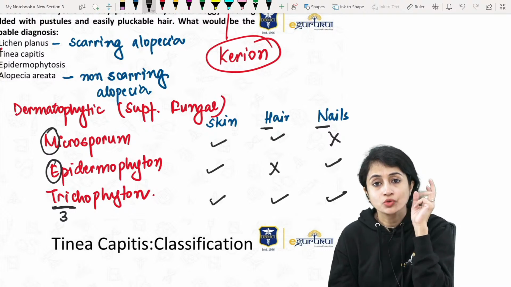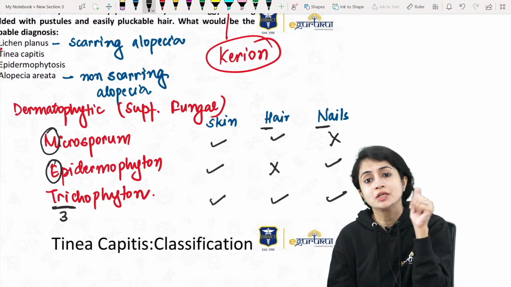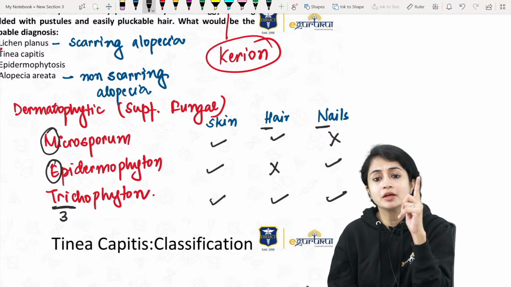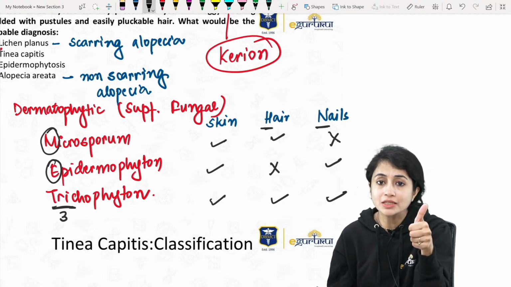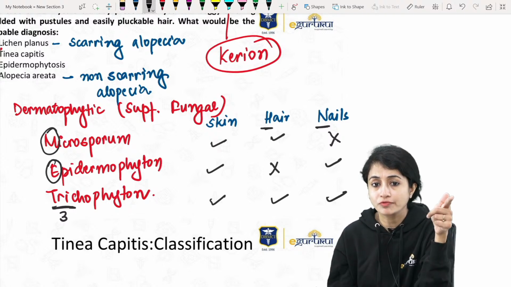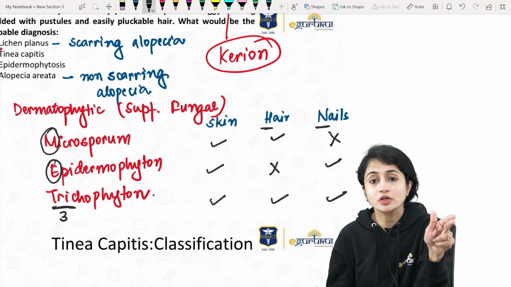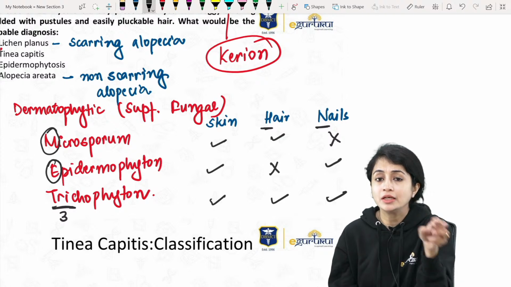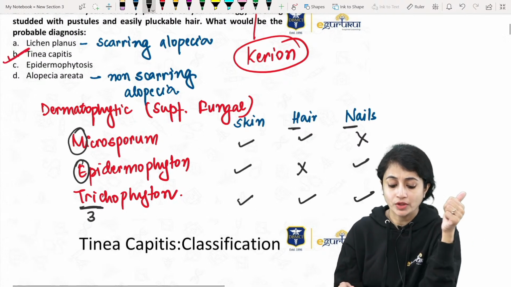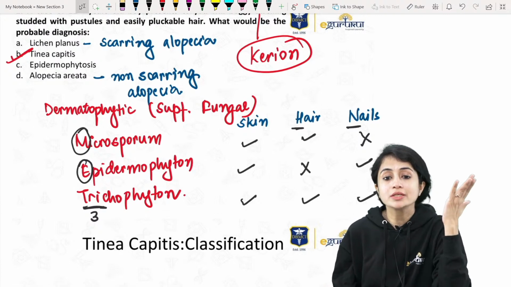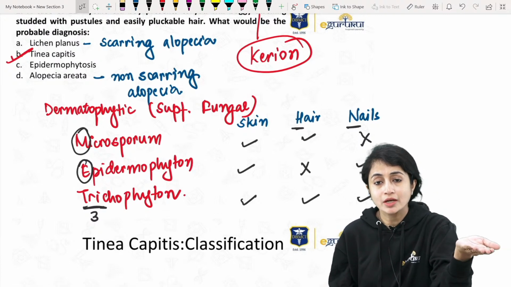So 3 dermatophytic species, and they can affect skin, hair and nails. You should know Microsporum does not affect nails, Epidermophyton does not affect hair, and Trichophyton, tri means 3, will affect all 3. Now coming back to the question, so what is epidermophytosis?